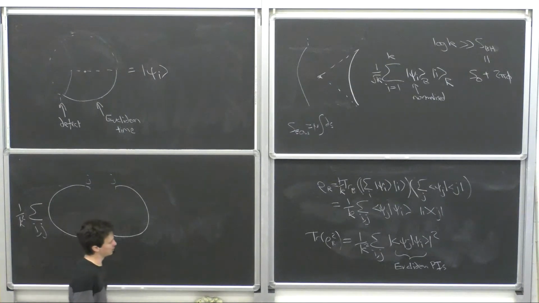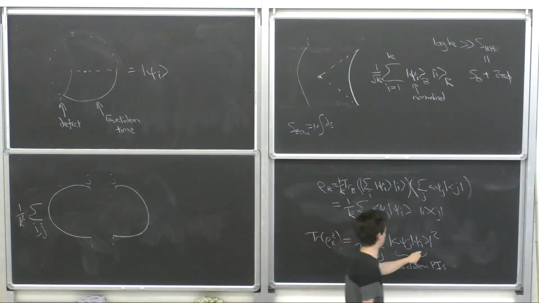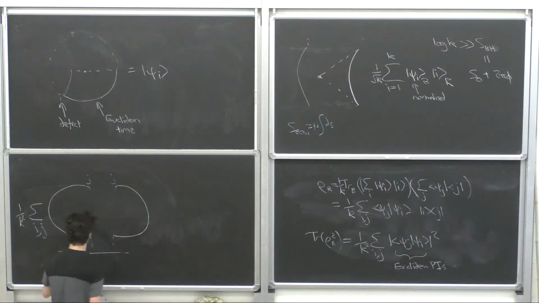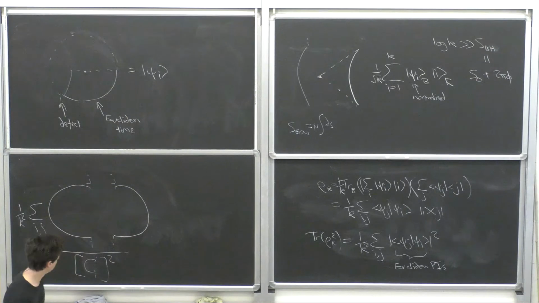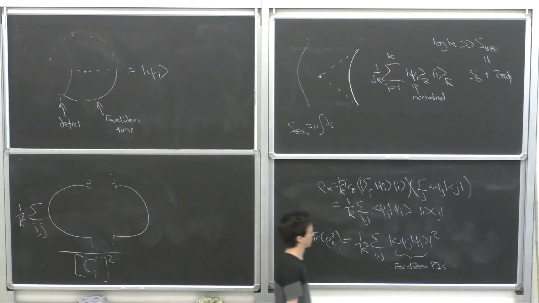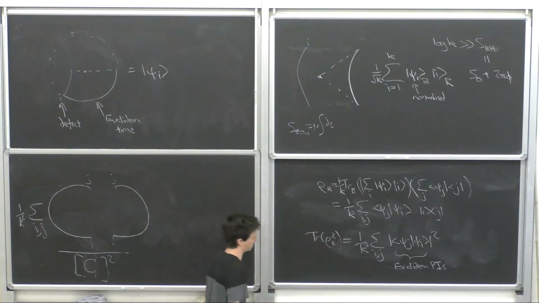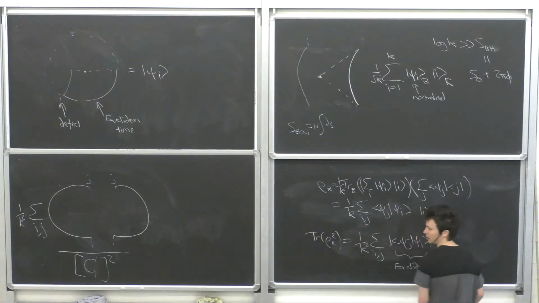And also we need to make sure that these psi_i's and psi_j's are normalized. So we need to divide through by this thing squared. This thing gives the square of the normalization of psi_i, and there's 4 psi's that need to be normalized here.